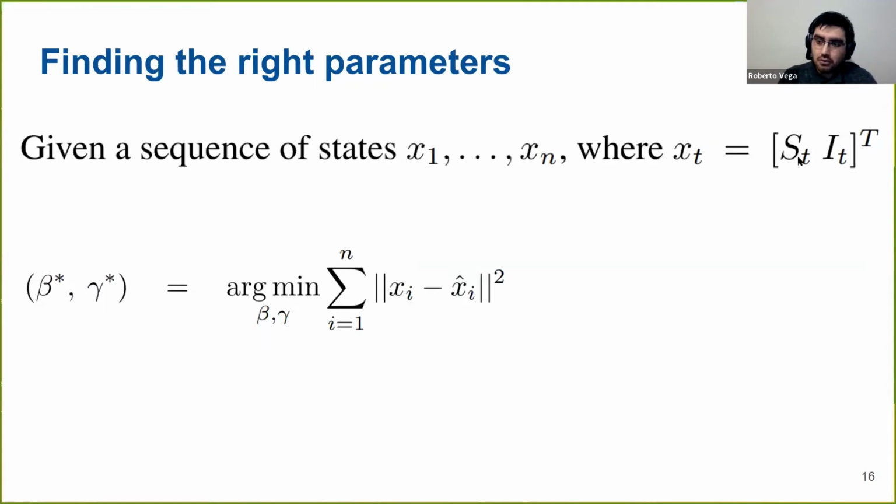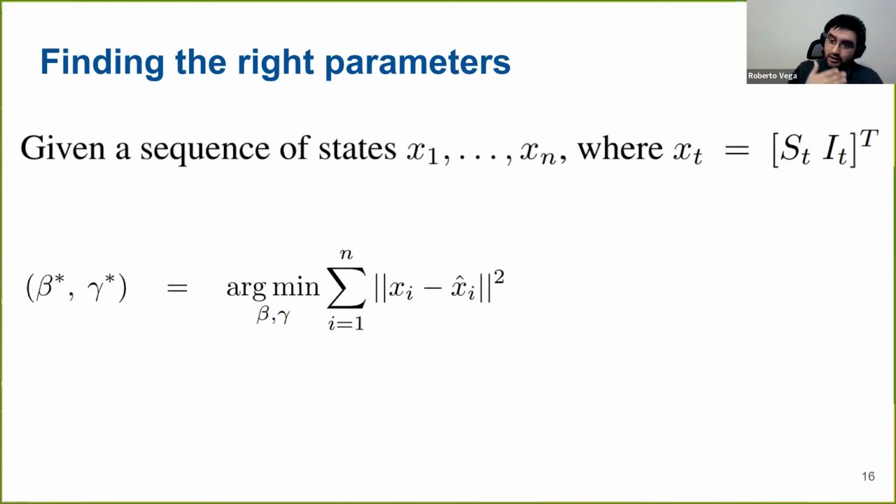We have, for example, the real number of people who were infected that were reported yesterday, the number of susceptible that were reported yesterday, and then we can use our model to make an estimation, x hat, and then we just want the estimation to be as close as possible to the reality. So then it's a very simple optimization problem, the mean squared error.